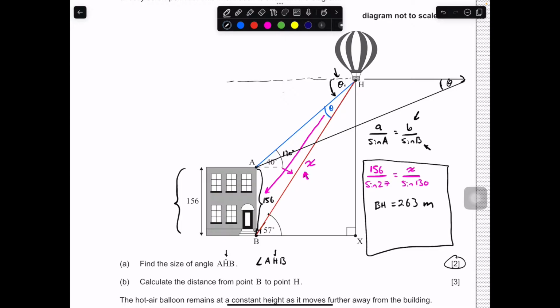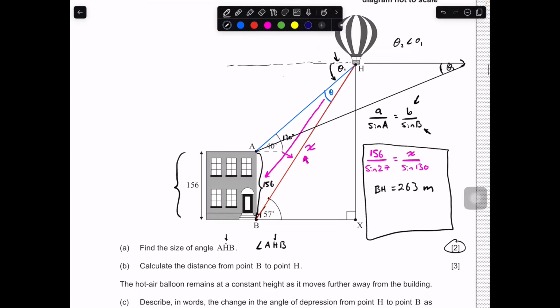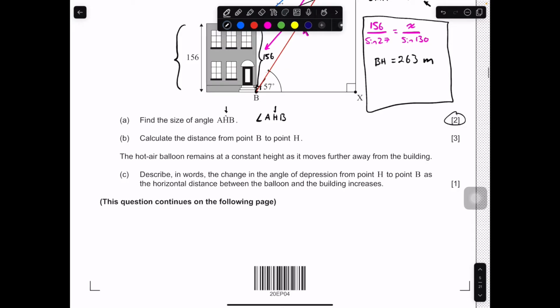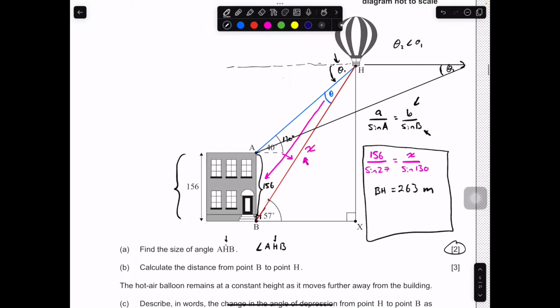So if this is theta 1 and this is theta 2, we know that theta 2 is less than theta 1. And we can imagine stretching this far into the distance, and the angle that we need to sweep down becomes less and less and less. So for this 1-mark question, describe in words the change in the angle of depression from point H to point B. So here we go.